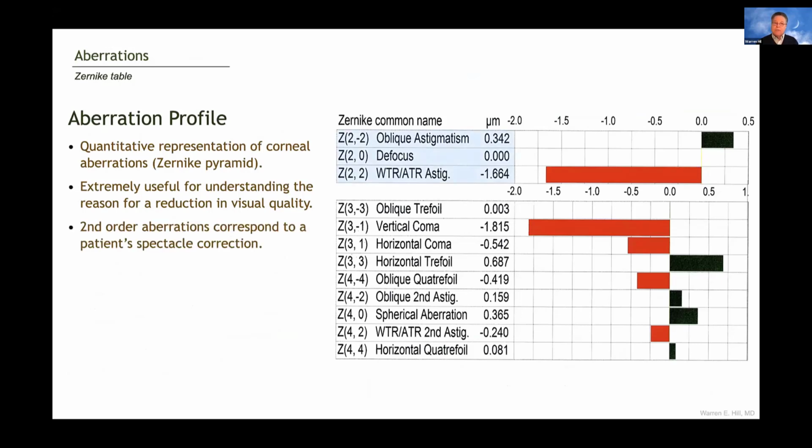So the second order aberrations correspond to the patient's spectacle correction, and third and fourth order aberrations correspond to irregularities in the cornea, mostly forms of irregular astigmatism. So those would be like coma and trefoil and quatrefoil, second order astigmatism, and spherical aberration.